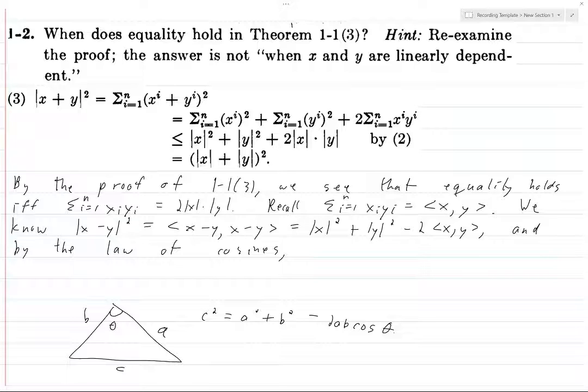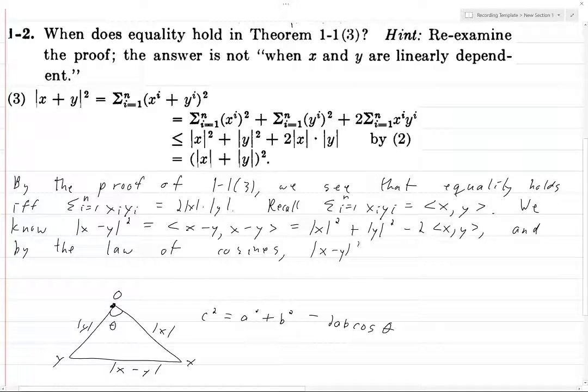Let's say this is the origin here. Instead of a, b, and c, we have the vector x and the vector y. Then this length is the norm of x, this length here is the norm of y, and this side here would be x minus y. So what does the law of cosines say?